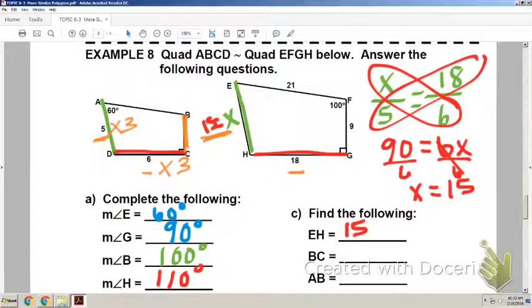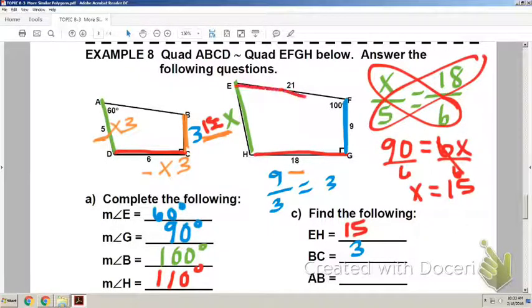So if we have 9 for FG, instead of multiplying it by 3, if we're going from big to small, we can take 9 and divide it by 3 and get 3 for BC. Same thing with EF.